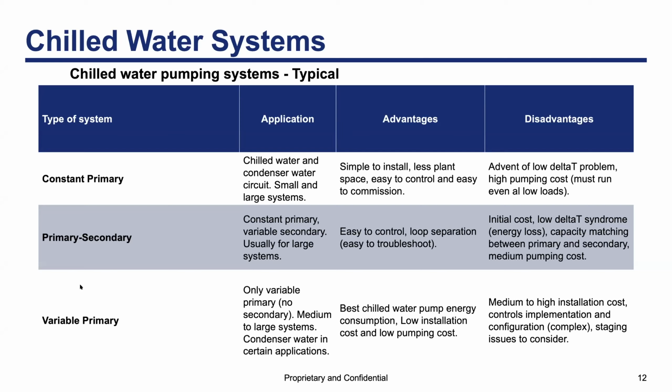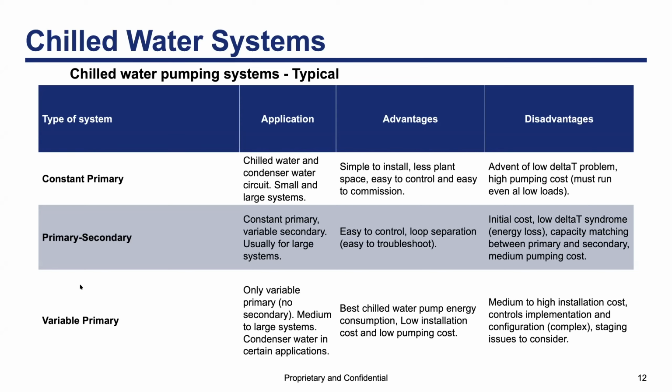Constant primary flow can be applied to a single chiller or multiple units, not only in the chilled water circuit, but also on the condenser side as well. It's a very simple system to implement. This is usually 2 pipe for cooling, 4 pipe for cooling and heating, in addition to, of course, the condenser water in the case of water-cooled chillers.